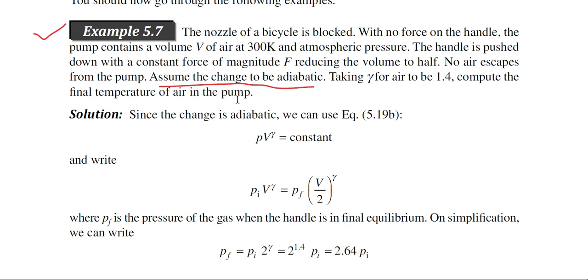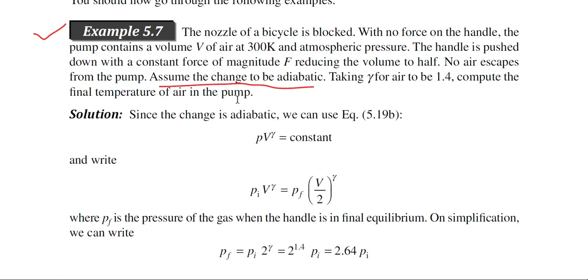We are compressing the volume inside the pump, so due to the compression, what will happen? There will be a change in the temperature. The initial temperature is 300 Kelvin, the process is adiabatic. So, from the given data and given concept, we will calculate the final temperature.